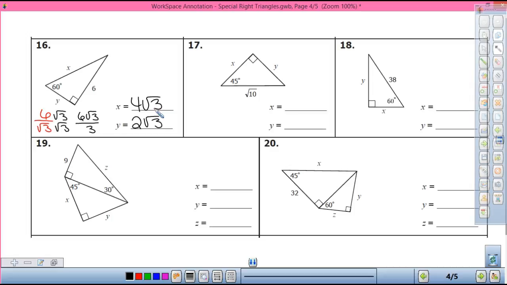Okay, 17, it's giving me what? The hypotenuse. How do I go hypotenuse to leg? So square root of 10 divided by the square root of 2, I get square root of 5.